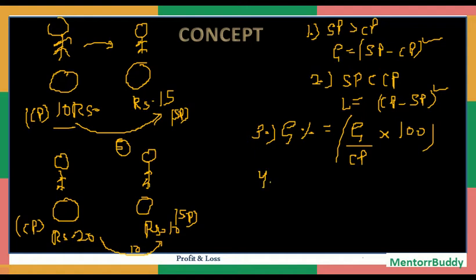Similarly, loss percent is always equal to loss upon cost price into 100. Mark one thing, why I am dividing by cost price: because cost price is the quantity with respect to which we see whether we are making a gain or a loss. Now, applying the same logic, coming directly to the question.